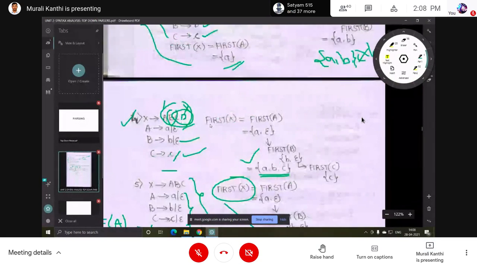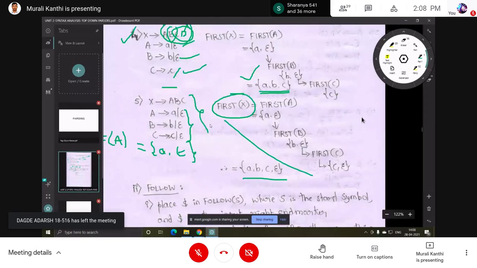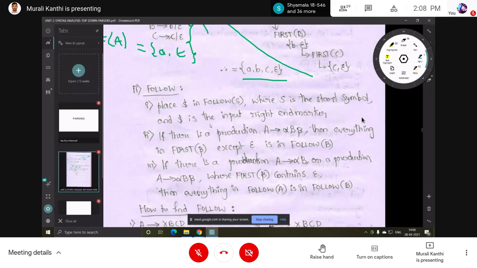Okay, in the last class we have done different examples of how to find out the first set. The next is the follow set. So we have also seen the algorithm. There are 3 rules, 3 steps in the algorithm. First, place dollar in follow of S, where S is the start symbol.